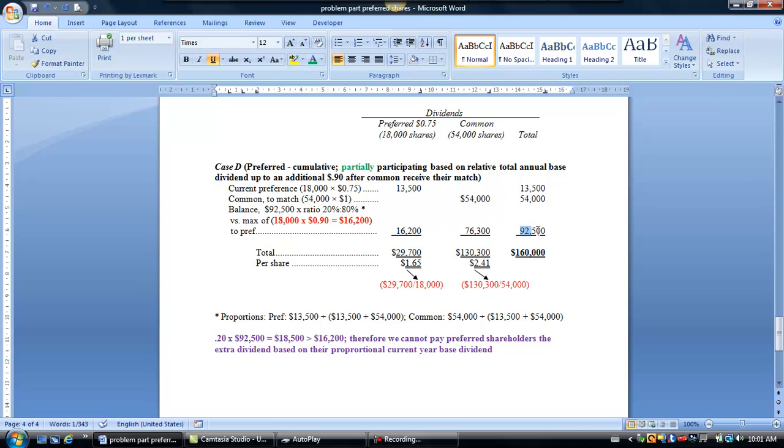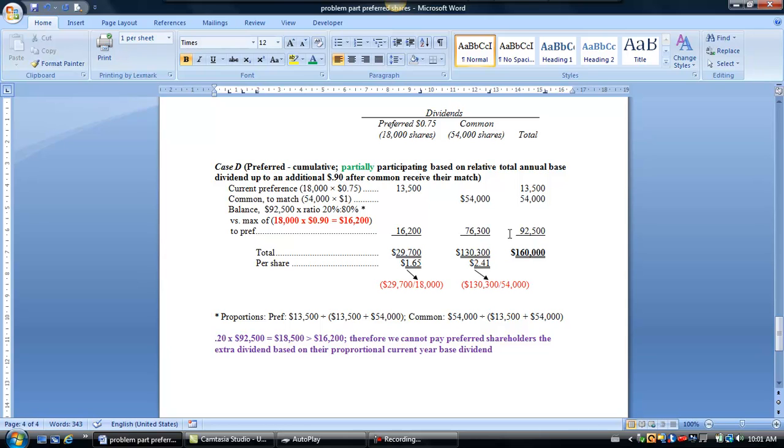So the balance of this number that we plugged would go to the common. So now we have a total dividend declared to those preferred shareholders of $29,700, which is going to give us $1.65 a share. And that makes sense because they did get their additional 90 cents a share, didn't they? Right? They didn't get $18,500 because that would assume full participation. This is the cap. So therefore, that's what they get.